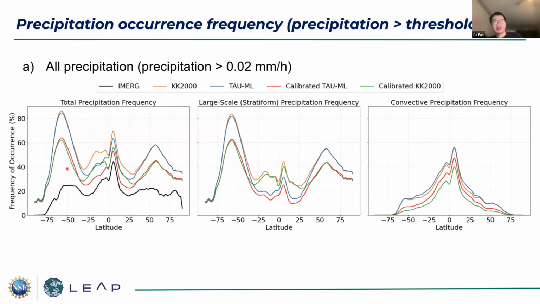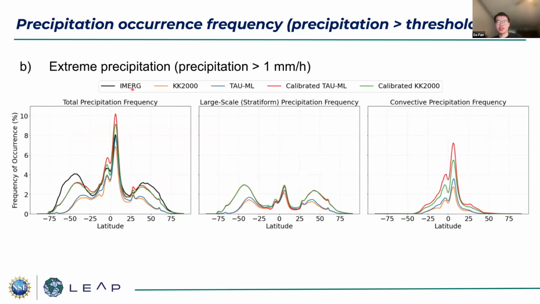You can see the improvements almost everywhere. We found the improvement in the mid latitudes comes from a better representation of large scale precipitation, while the improvement in the tropics comes from a better representation of convective precipitation.